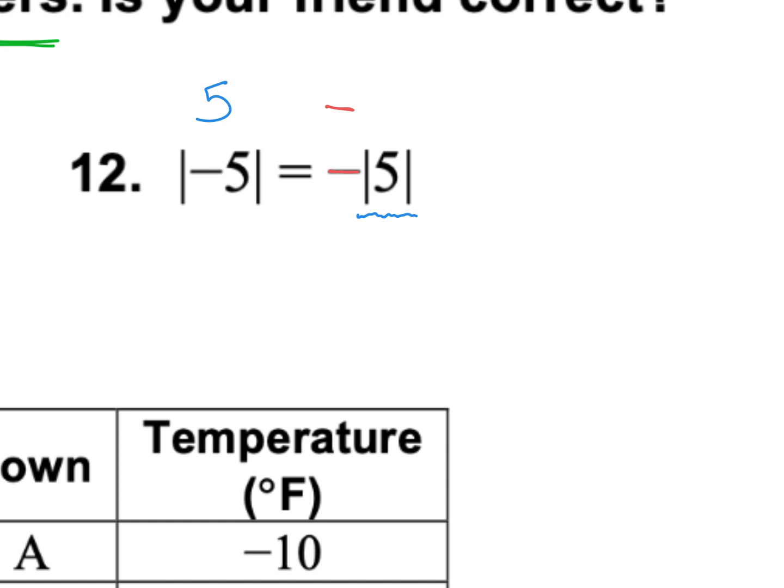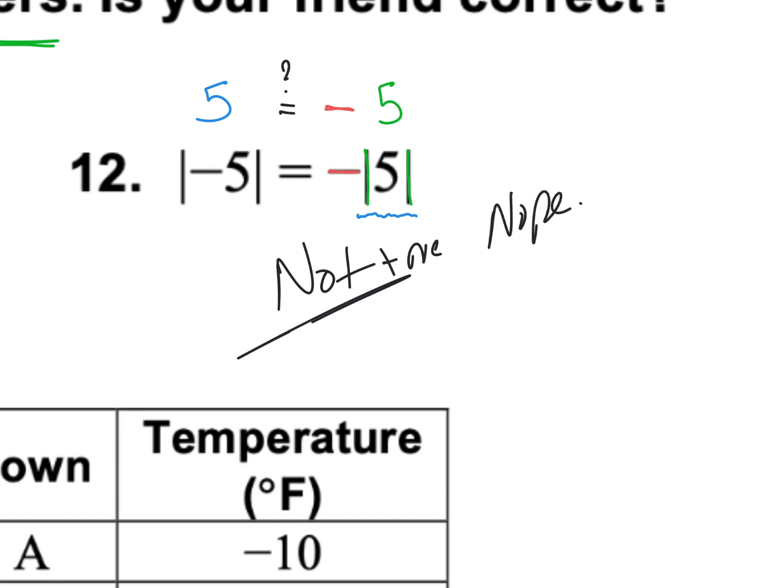So the outside happens after we take the absolute value of 5. So here's what we get. We would have that 5, this 5, because it's this, is equal to -5, and that is not true. Not true.